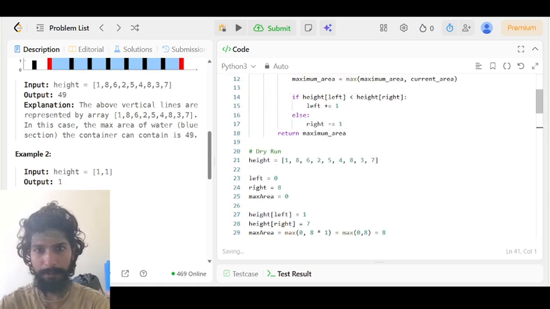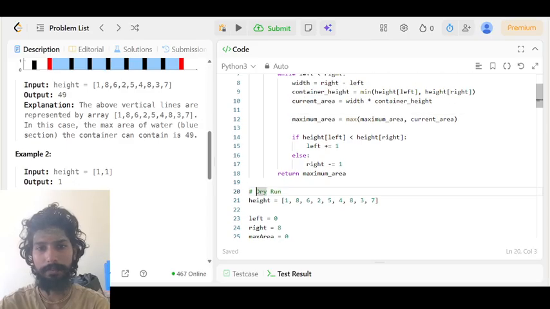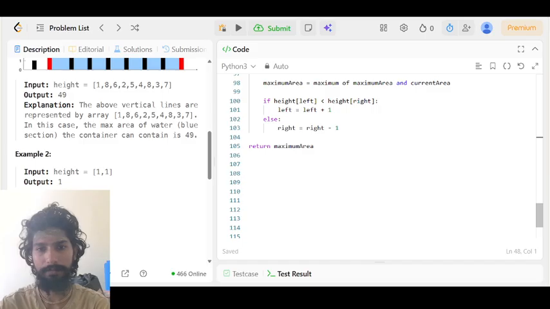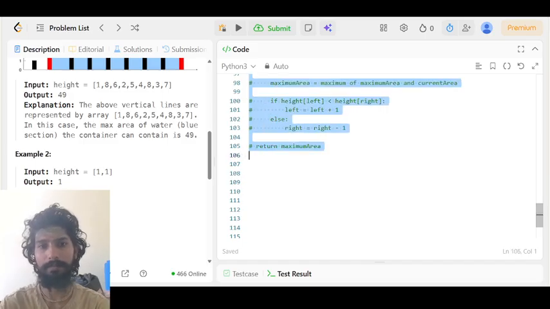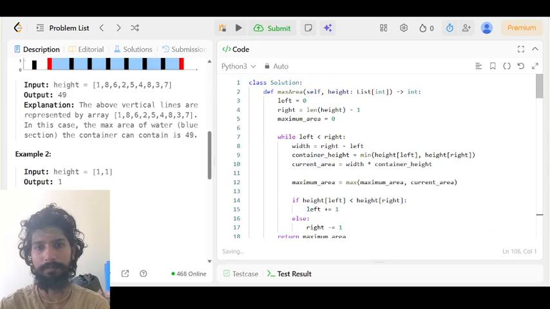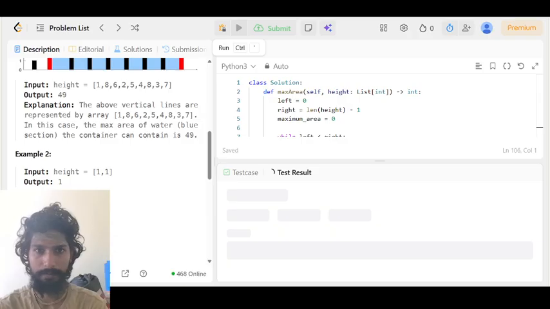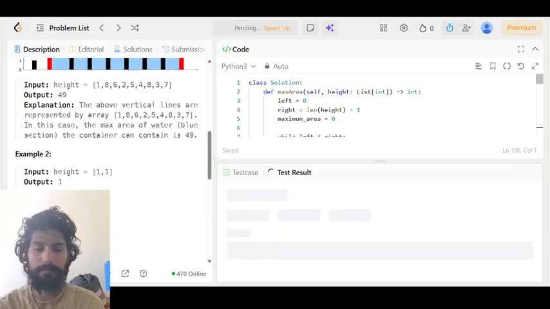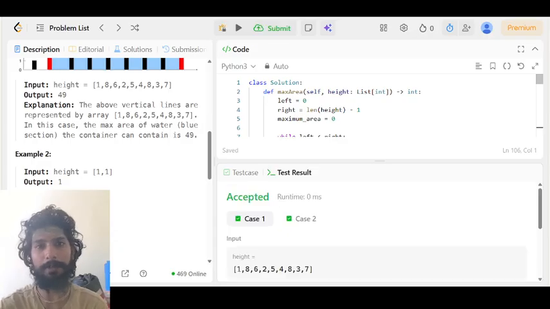Similarly, the process will keep on continuing and we will get the answer. Now let us try to run the code. So test cases pass.